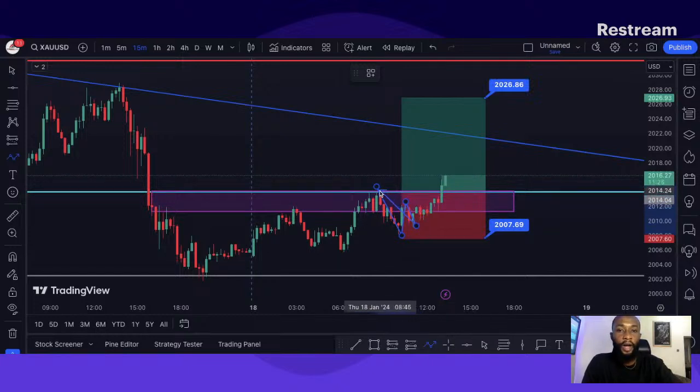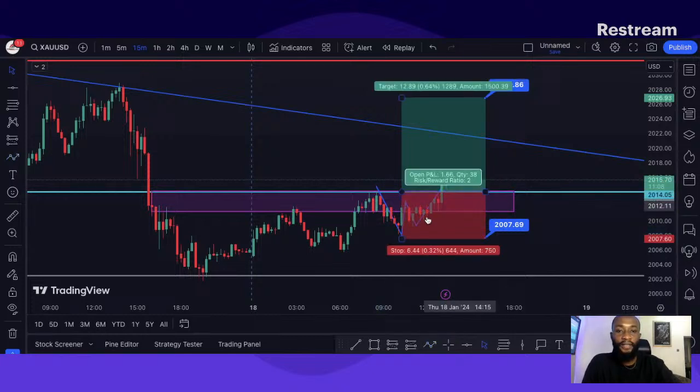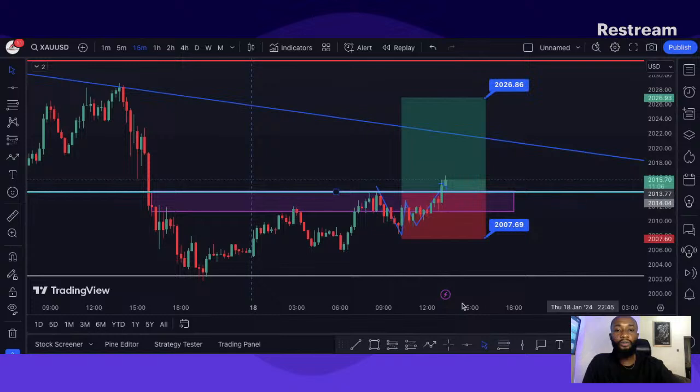So that's why I was waiting for it to take out this particular high before I take the trade, because I know that this W pattern neckline might fail. It might break here and reject from here. But thank God that it finally took out this particular high. So let's see how it plays out. If you look here, you can see that there's a W pattern here as well. So it's a very simple entry with the W pattern.